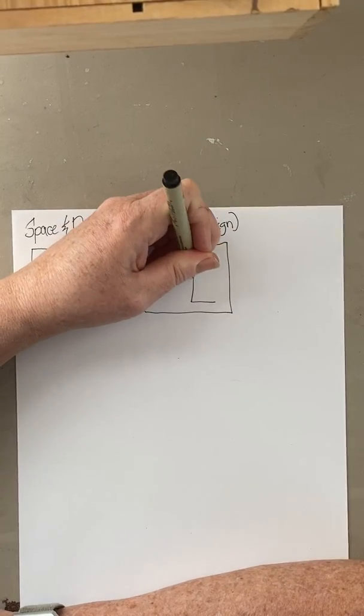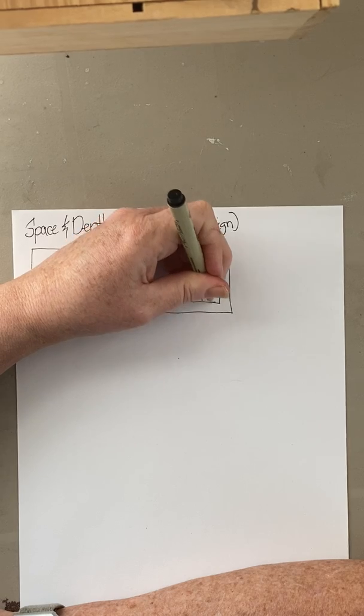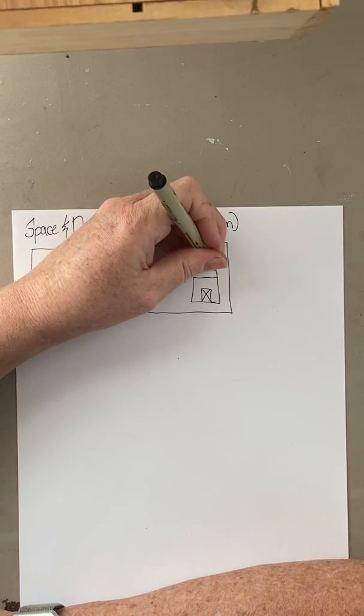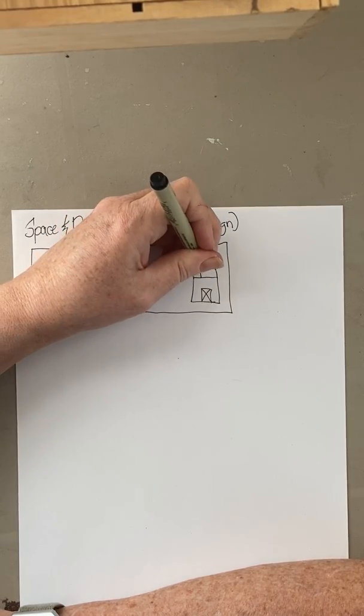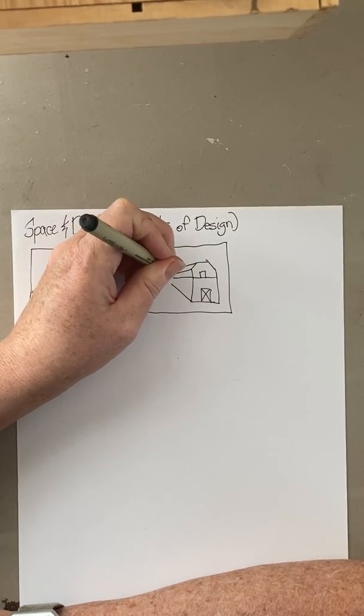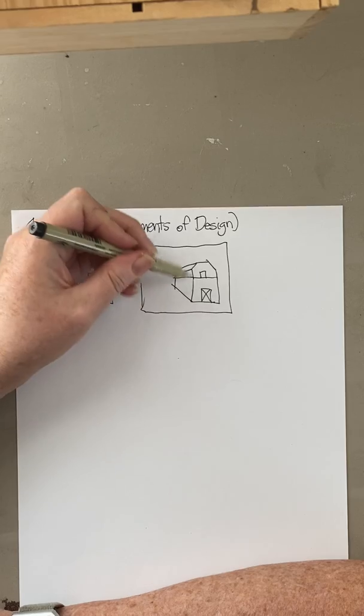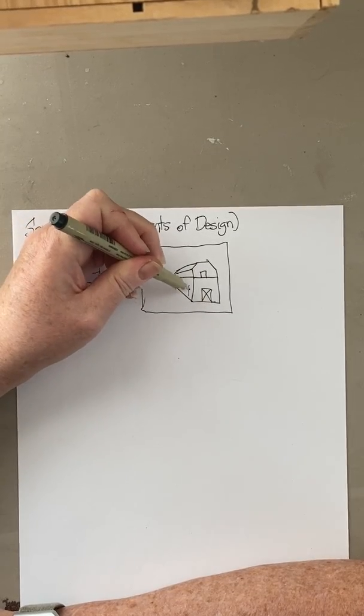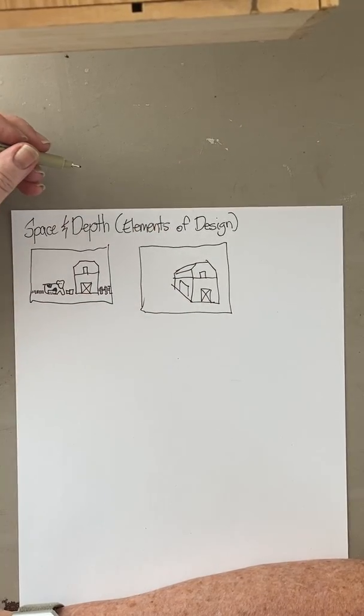So the first thing we do is we take the barn, and we start to do things like this, right? And all of a sudden we're like, hey, this is closer, that's getting farther away, right? Same with the cow.